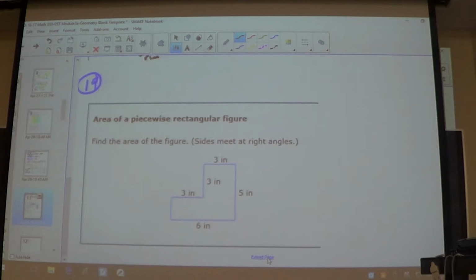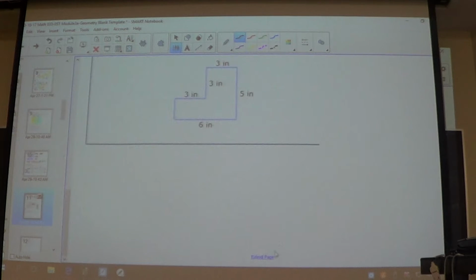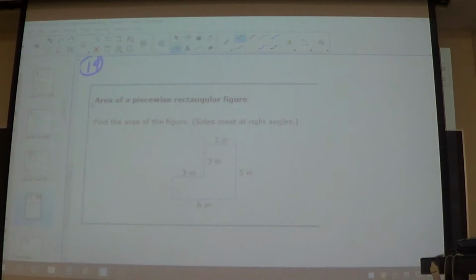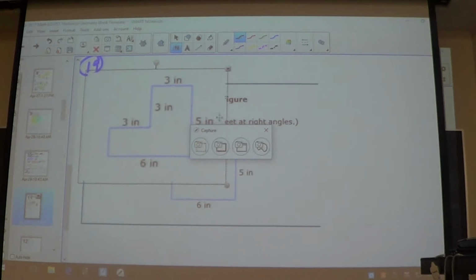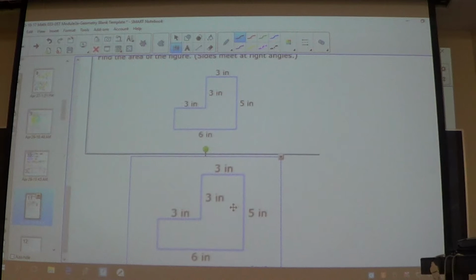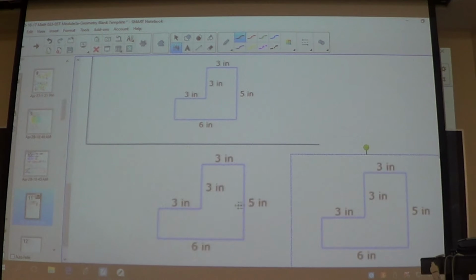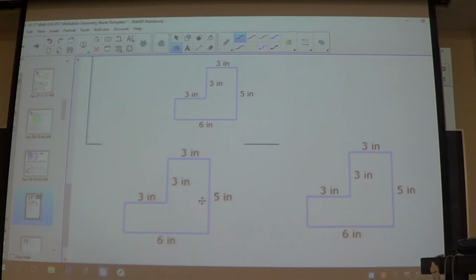Okay. For these, there's two different ways you can do these. It totally does not matter to me. I have some people that see one way and some people that see another way. Now, I have some people that will take this shape, and I'm going to do it both ways, because some prefer one way and some prefer another way.